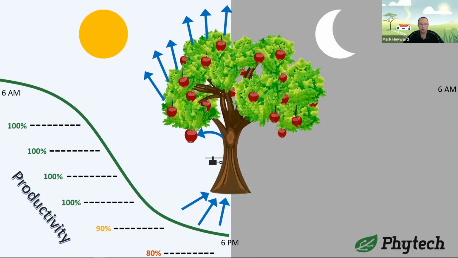So at Phytech, we've analysed this and written our algorithms for apples to identify when the apple tree is losing about 10% or so of its productivity. That's going to trigger an orange alert, and when it's losing 20% or more, that's going to trigger a red alert to you as the grower. Now, the red alert coming up at a 20% reduction is well before you see any visual signs or your drone can see any visual signs of stress.